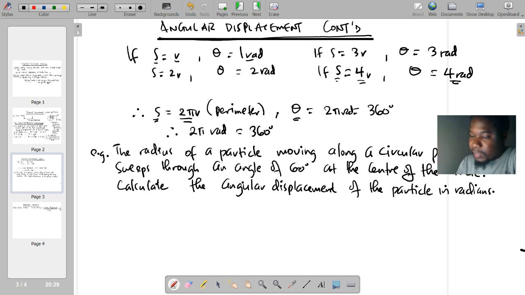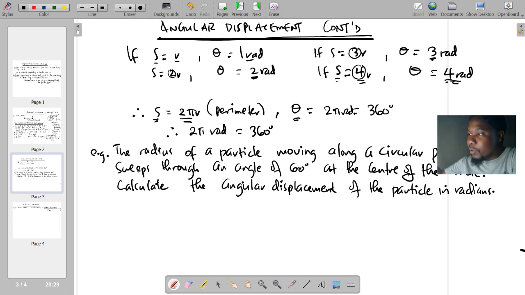remember, if it is 2r, the angular displacement ended up being 2. If it's 3r, angular displacement ended up being 3. If it is 4r, the angular displacement ended up being 4. Okay, so what if it is 2 pi r? Then the angular displacement will be 2 pi radians. At that point we would have swept through an angle of 2 pi radians.